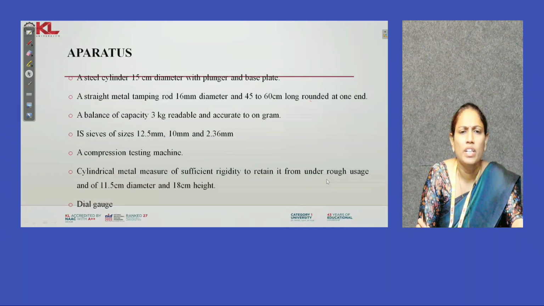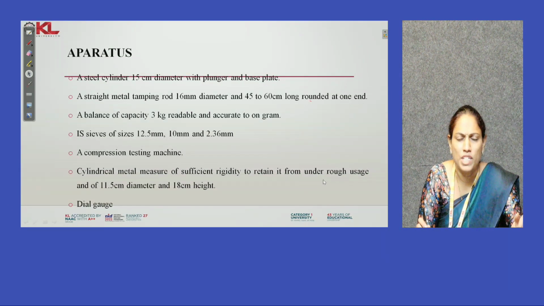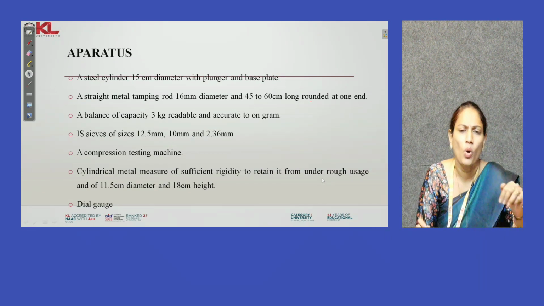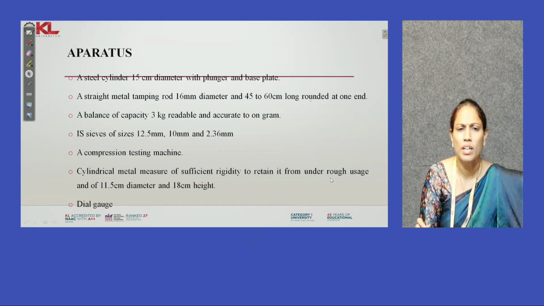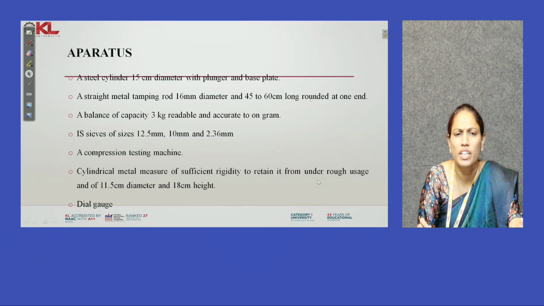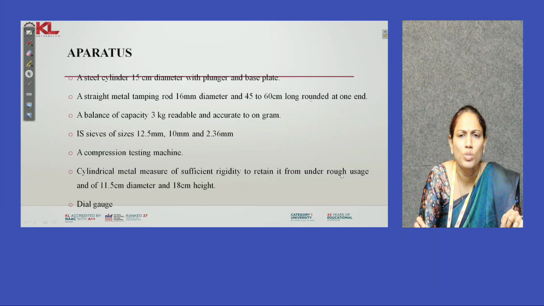So these are the apparatus which we are going to use for this test: a compressive testing machine, CTM as we call it in short form, and a cylindrical metal measure of sufficient rigidity, and so on. The balance capacity is 3 kg and accurate to a gram, and the tamping rod is 16 mm diameter and 45 to 60 centimeter long, rounded at one end.